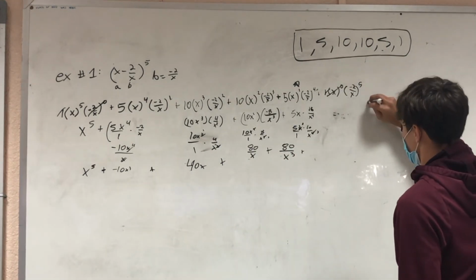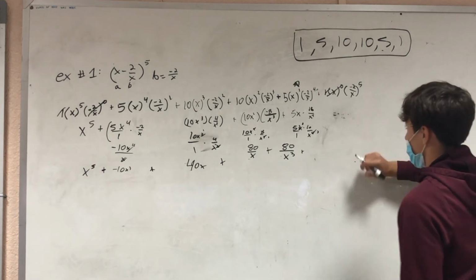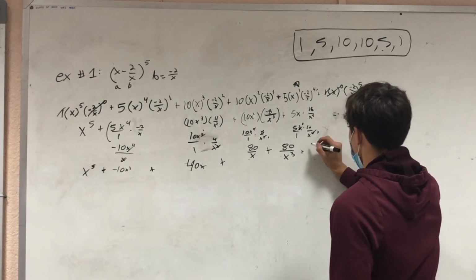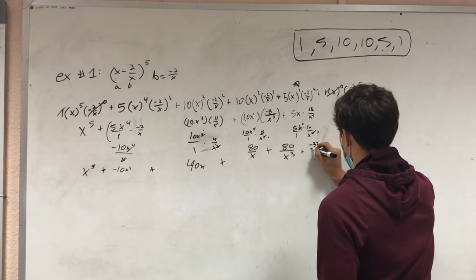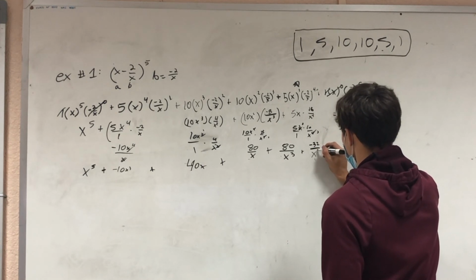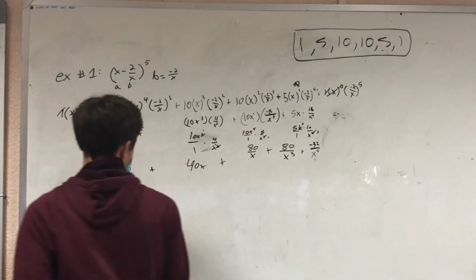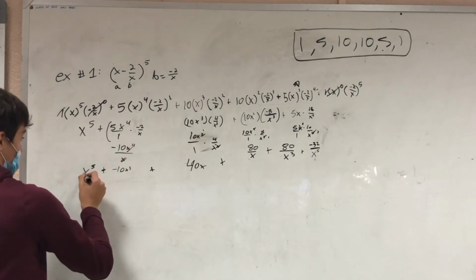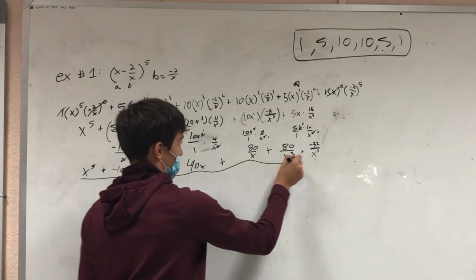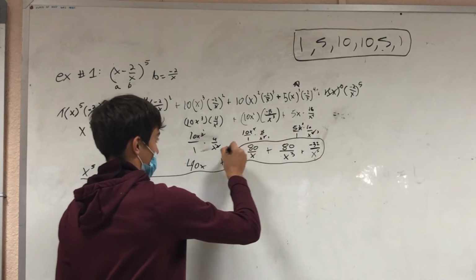This term, negative 2 to the 5th, is something you guys all should know, is negative 32. Negative 32 over x to the 5th. Right? So now let's just combine this and write everything nice and neat because currently this right here is kind of hard to see, right?